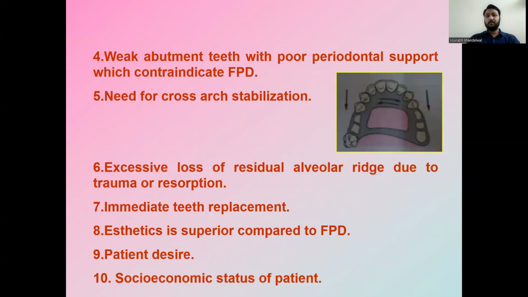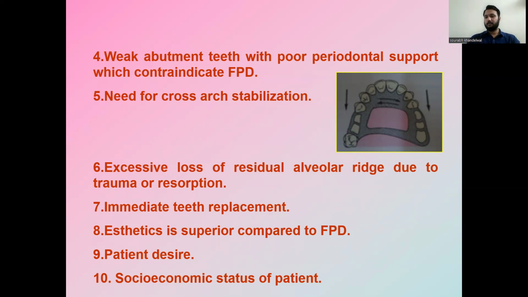Then, if there are weak abutment teeth or poor periodontal support, which contraindicates FPD; if there is no need for cross-arch stabilization; if there is excessive loss of residual alveolar ridge due to trauma or resorption; if we have to replace the teeth immediately; if we have to provide superior aesthetics compared to FPD; or if the patient desires it because of economic concerns.